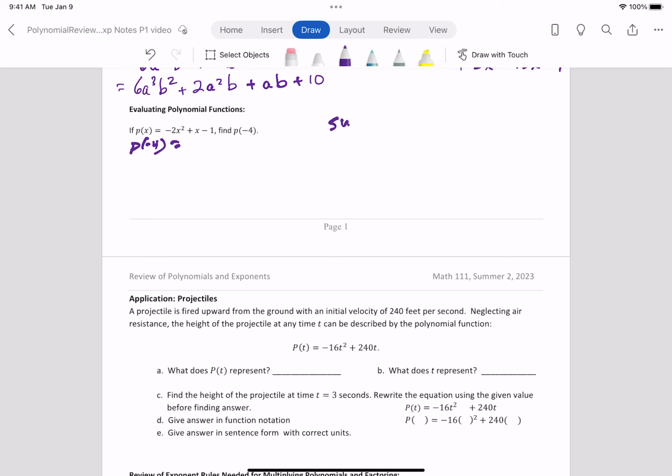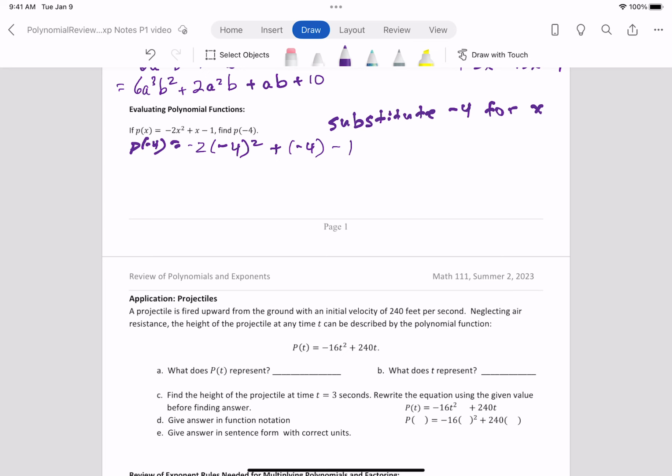We want to substitute the value -4 for x. So everywhere I see an x in the polynomial, I'm just going to replace it with a -4.